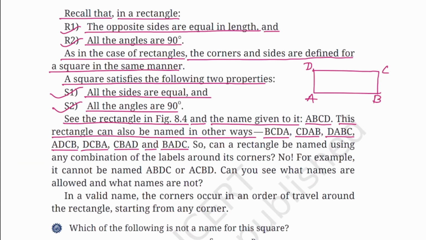For example, this rectangle can be named as ABCD or ADCB or BCDA or BADC or CDAB or CBAD.